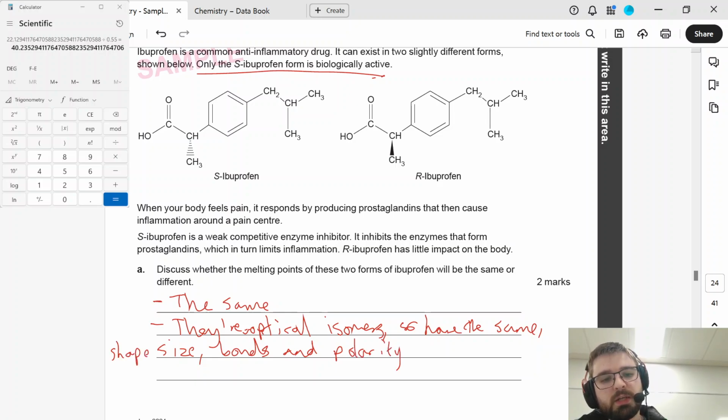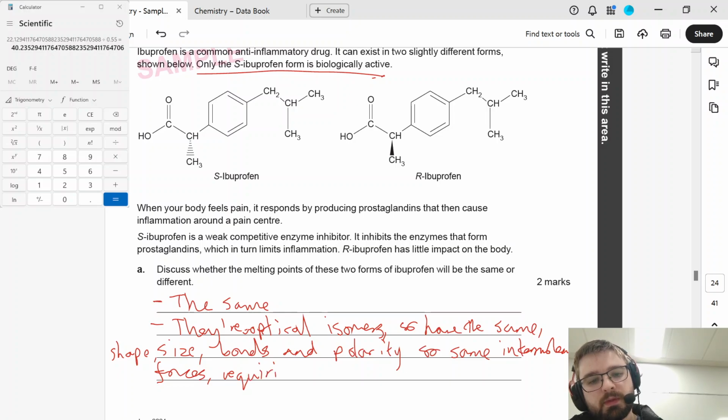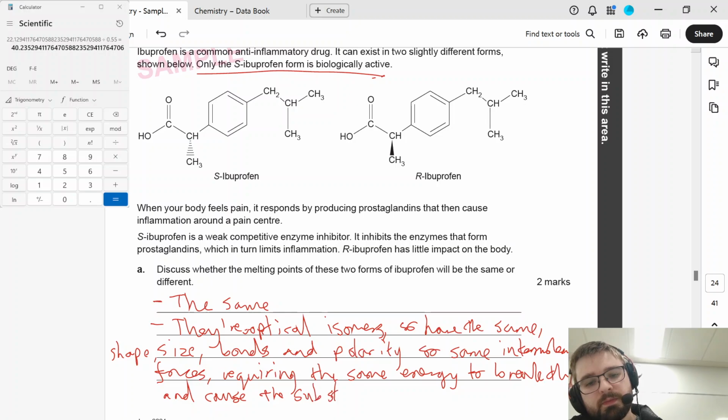If I want to be really clear, shape, size, bonds, and polarity. So same intermolecular forces, requiring the same energy to break them and cause the substance to melt.